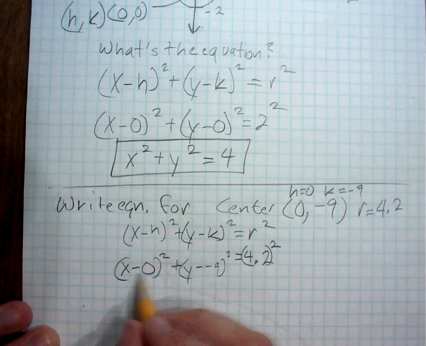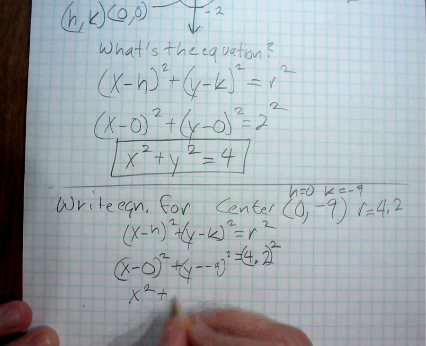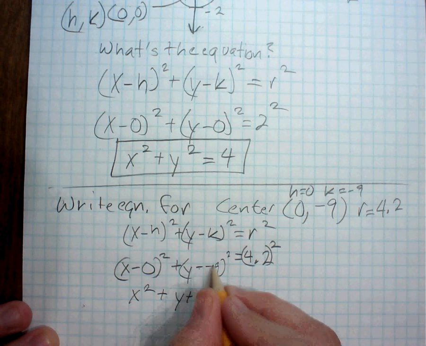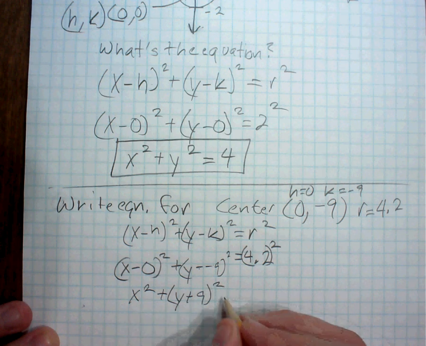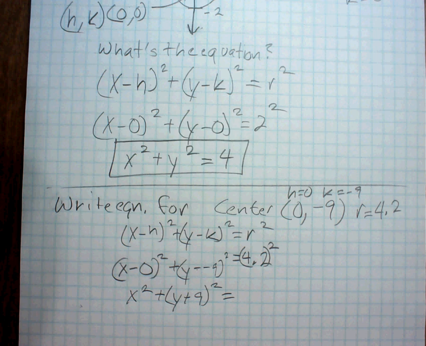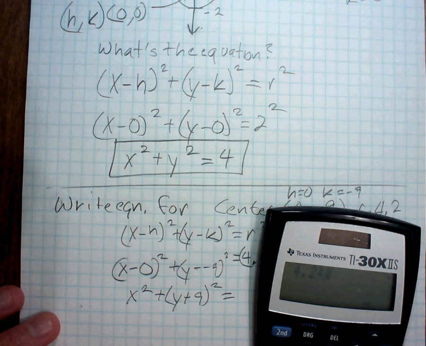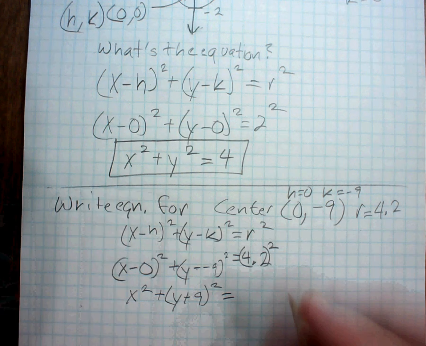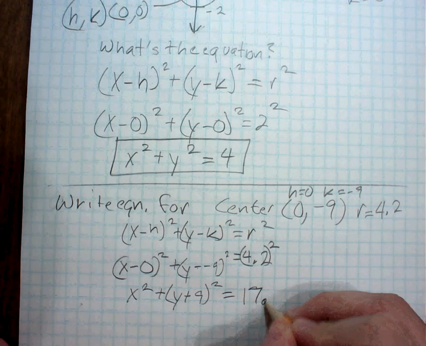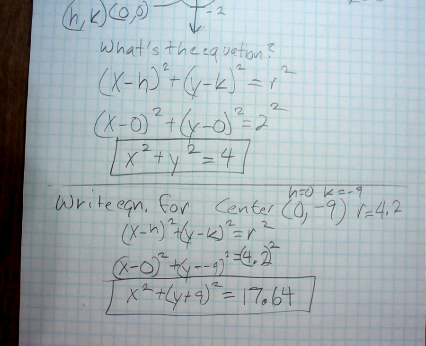So x minus 0 is just x squared. This becomes y plus 9 because a negative of a negative is a positive. And then for the 4.2, I'm just going to say 4.2 times 4.2, 4.2 squared. So I'm just going to plug that in my calculator. 17.64. And that's it. That's how you write the equation of a circle.